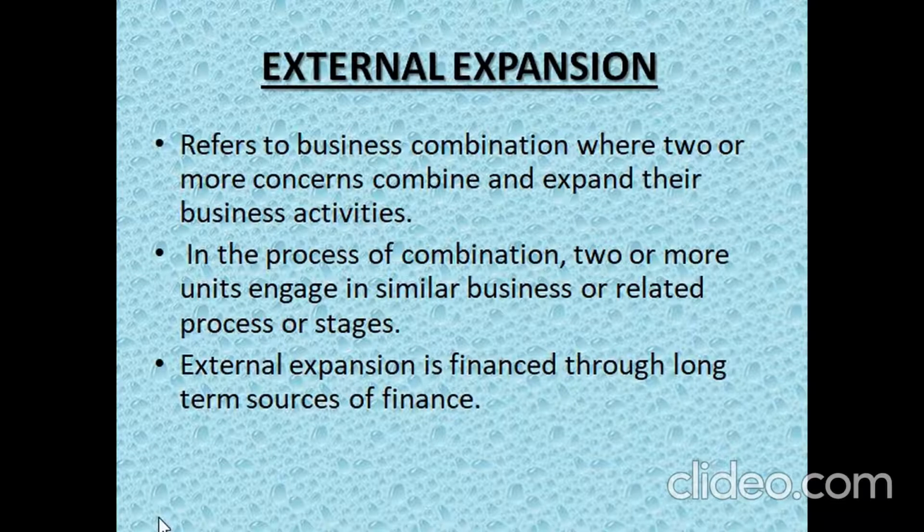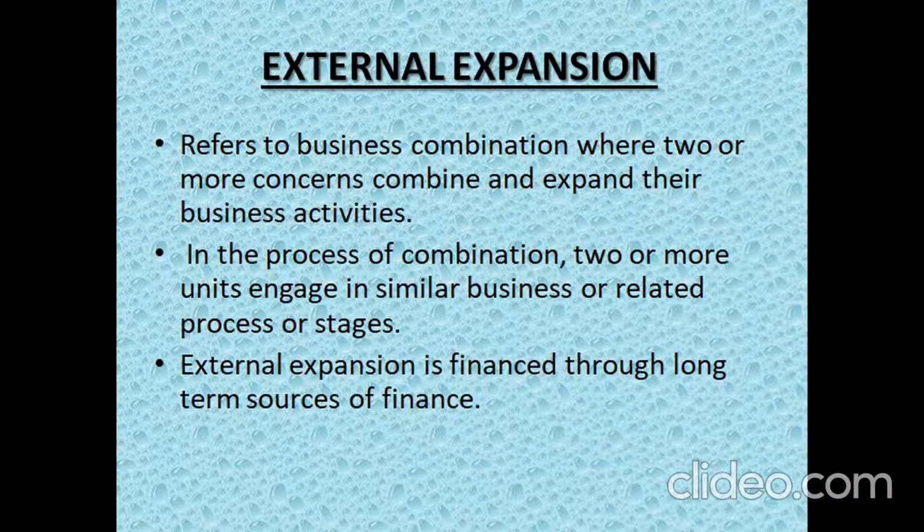The tires and tubes are manufactured by a different business concern. The car manufacturing company purchases tires from another company. So if the tire manufacturing company and the car manufacturing company combine together to increase their business, that is also known as external expansion.